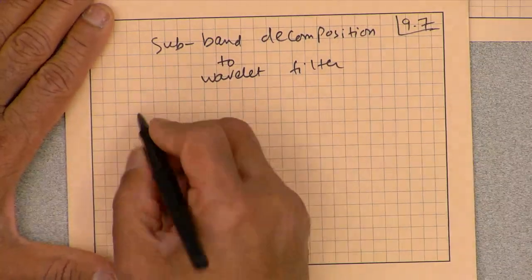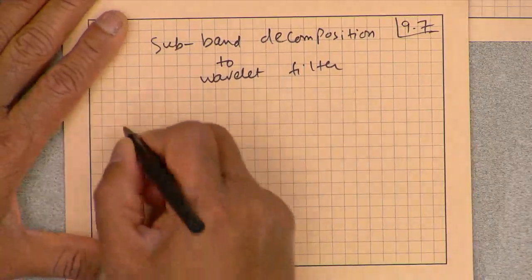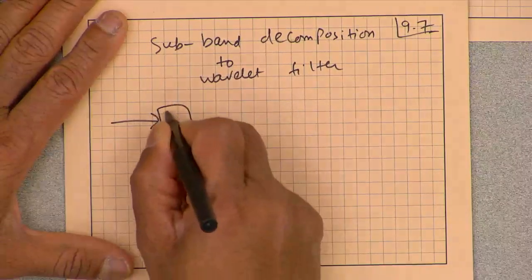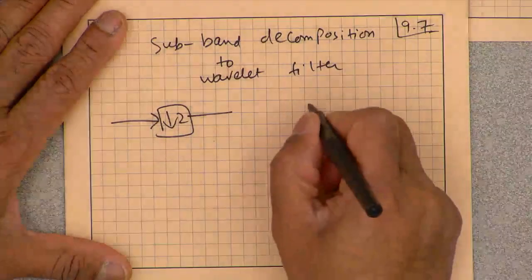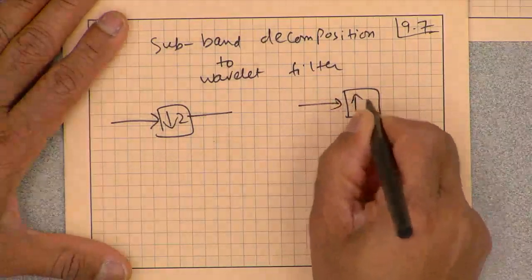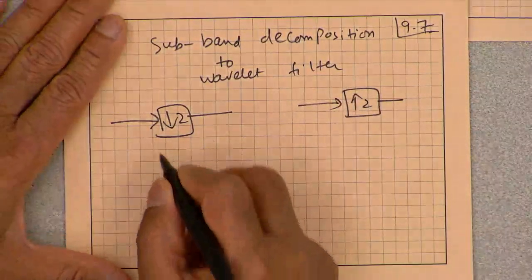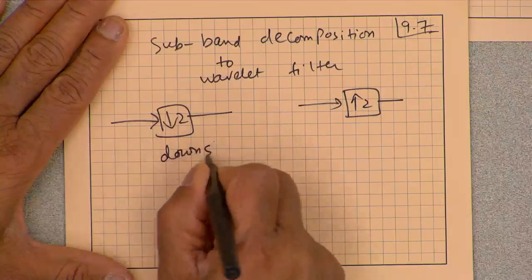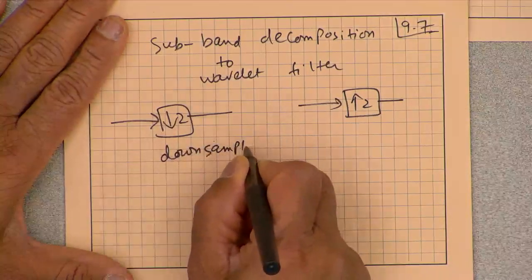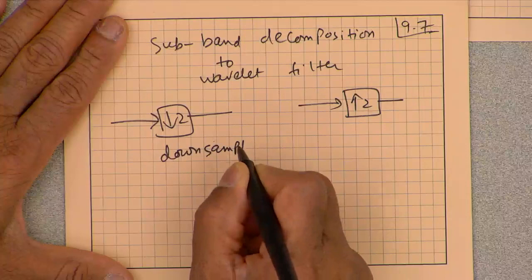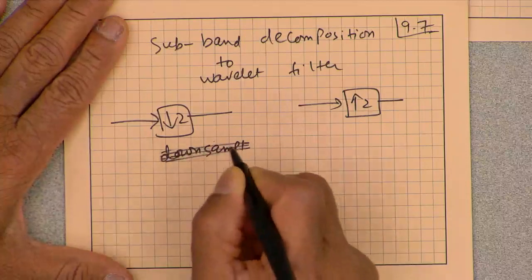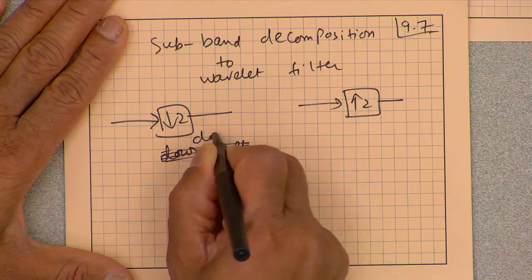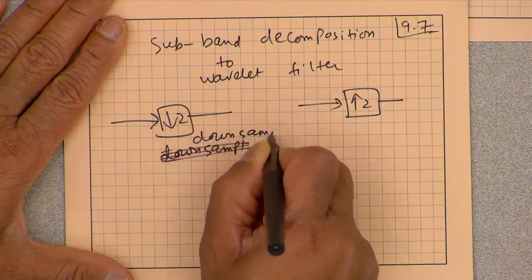Okay, we may talk about that more, but basically let's talk about if I take the signal x[n] and downsample it, and expand.